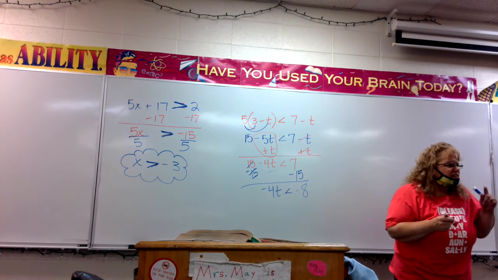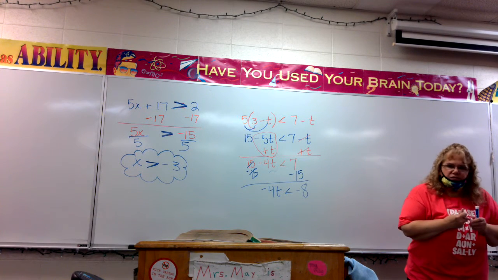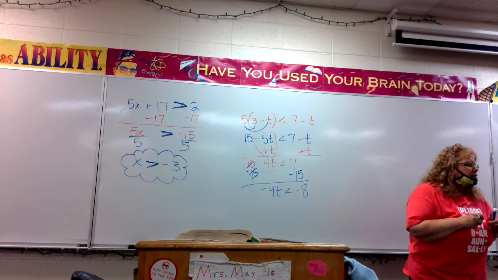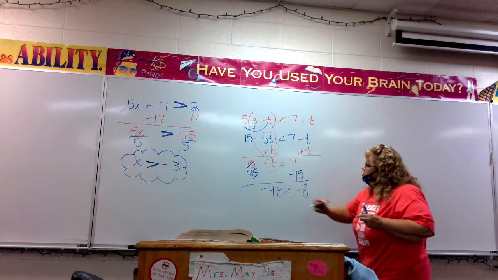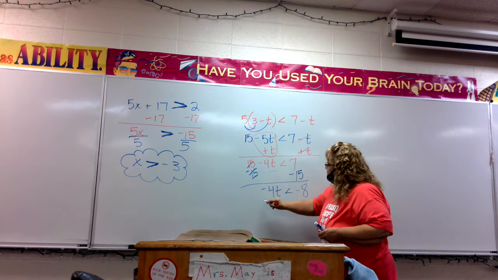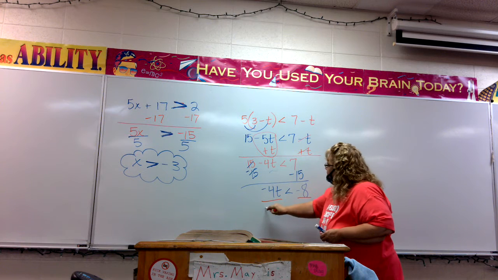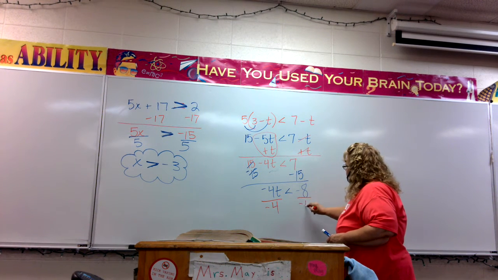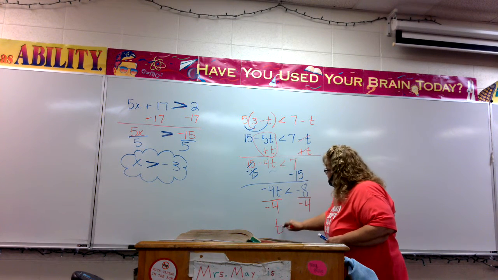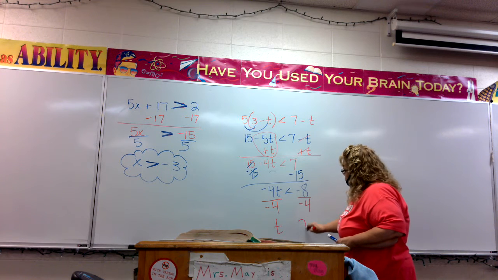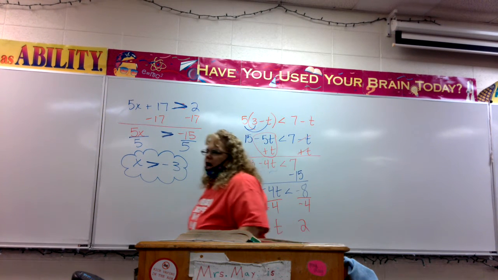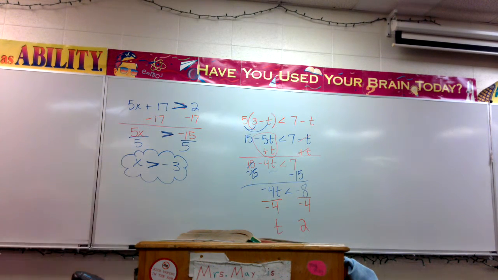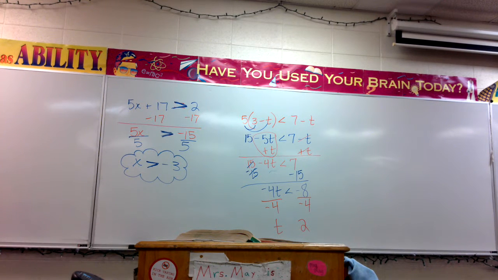Here's the only little difference. When it's an inequality, what are we going to have to do here to solve this, by the way? Right, everybody knows divide by negative 4. Here's the difference. What is that, 2? I don't know if you're going to recall this minor little detail from Algebra 1.